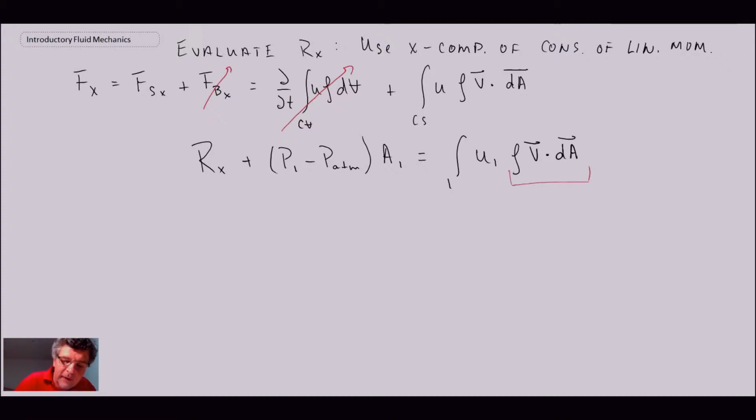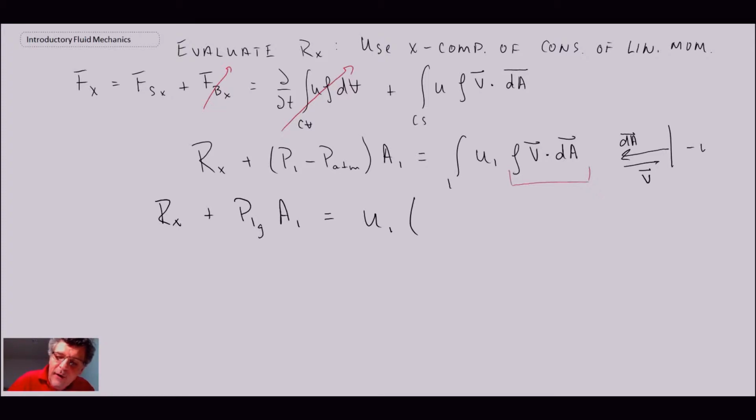So writing out the left-hand side, and then the right-hand side, u1: we know that u1 is a positive value, but it's multiplied by, as we talked about earlier, for control surface 1, the area vector will be in that direction, and the velocity is coming in that way.